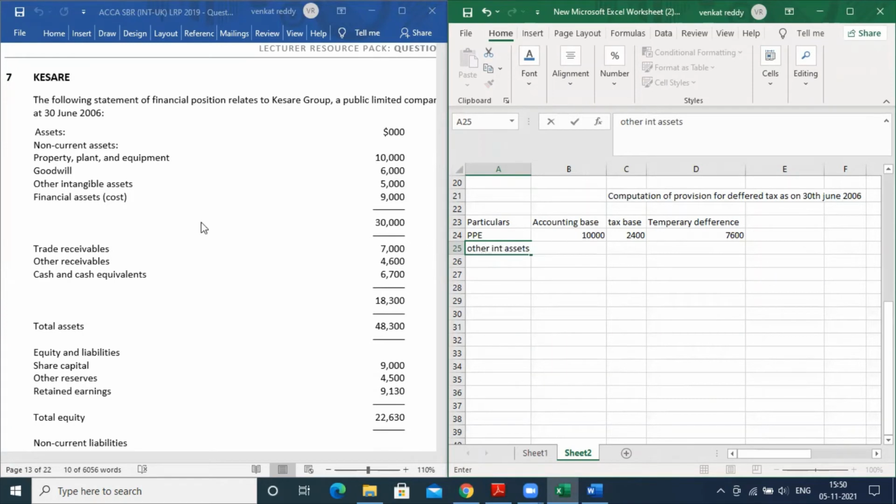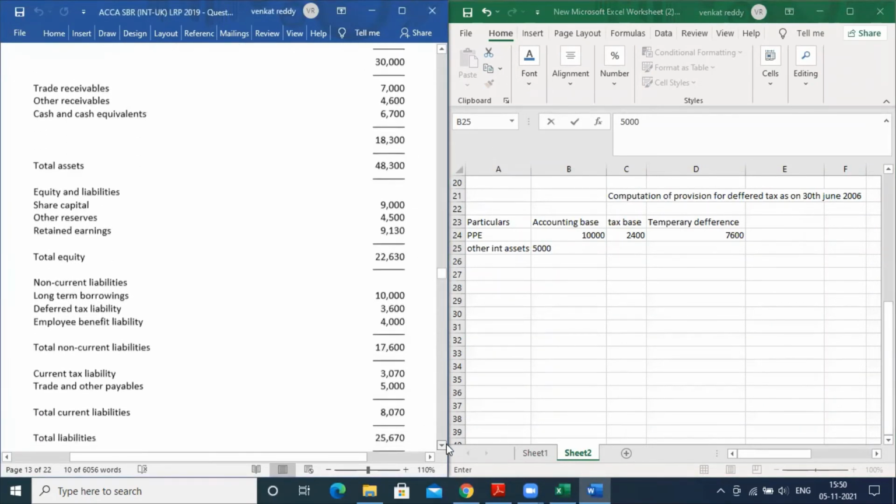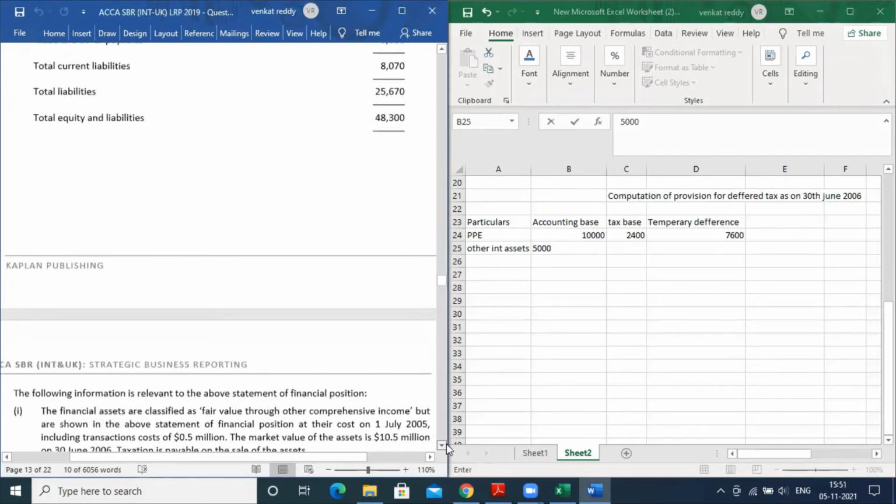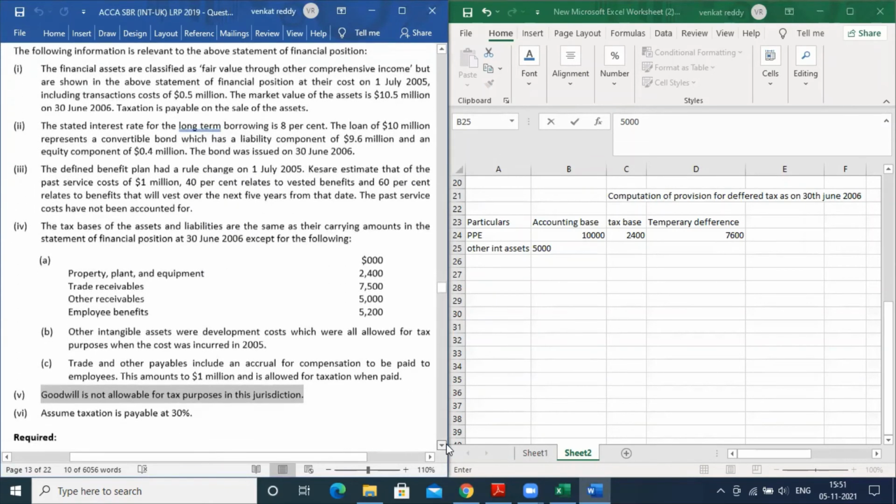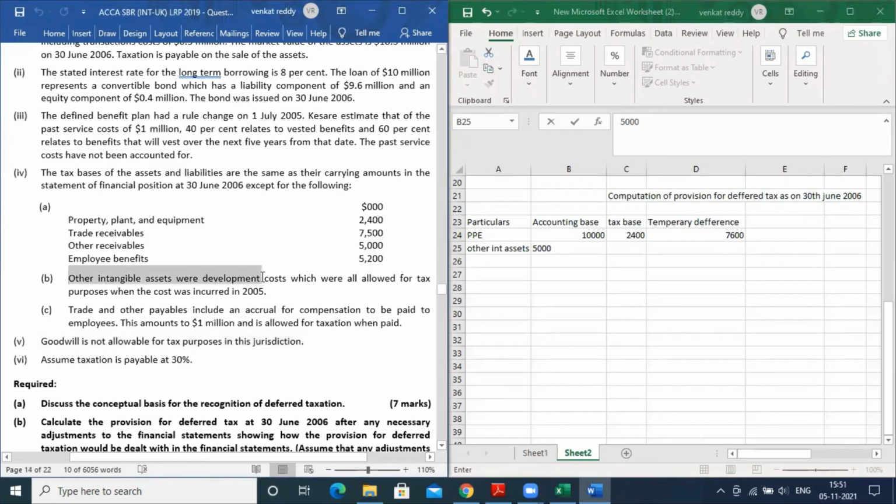So other intangible assets. As per accounting base there is an adjustment, so we'll see whether any adjustments are given for this. As per accounting base, it is 5,000, and in the adjustment, other intangible assets are development costs which were allowed for tax purpose when the cost was incurred.